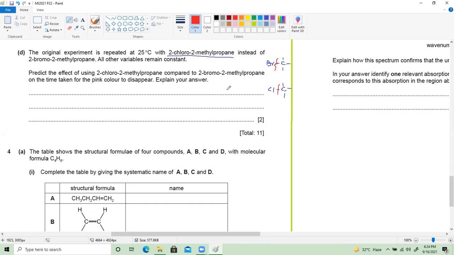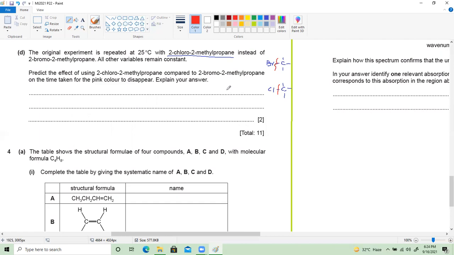If you take a look at the data booklet, you have the bond energy data with you as well. Take a look at the bond energies. Do you have the data booklet with you?